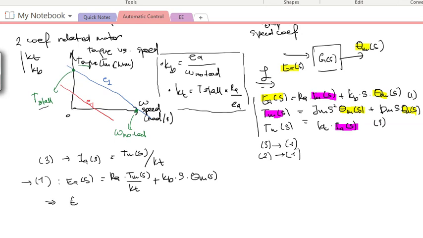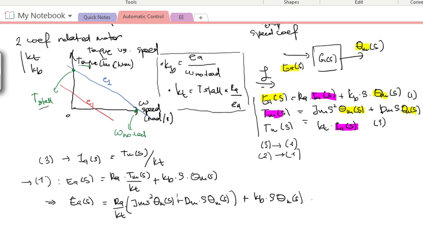Now it becomes EAS equals RA over KT multiplied by JMS square theta MS plus DMS theta MS, multiplied by everything, plus KBS theta MS. So now in this equation, the only unknowns that we have are EA and theta m.